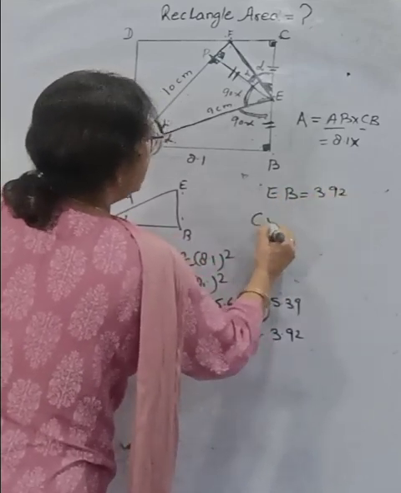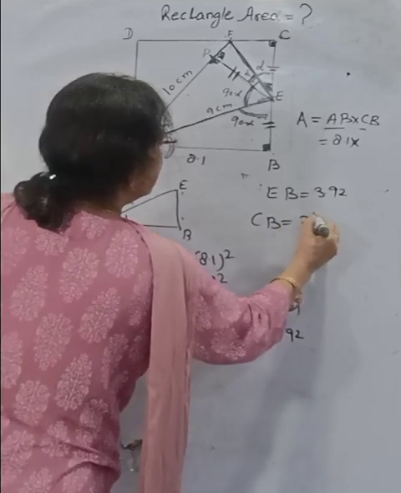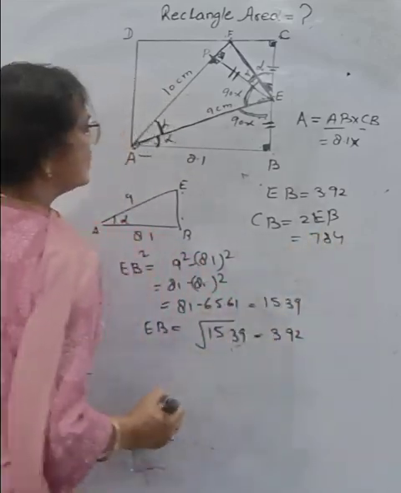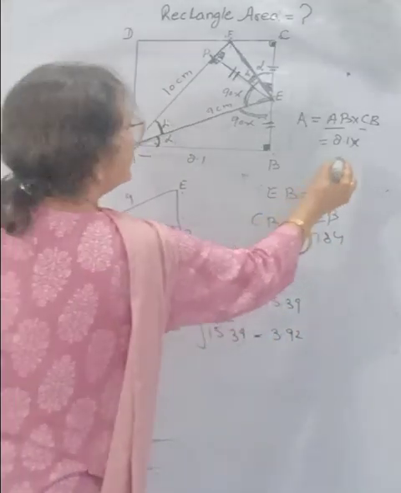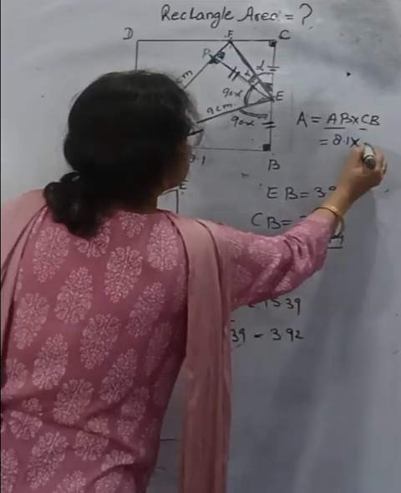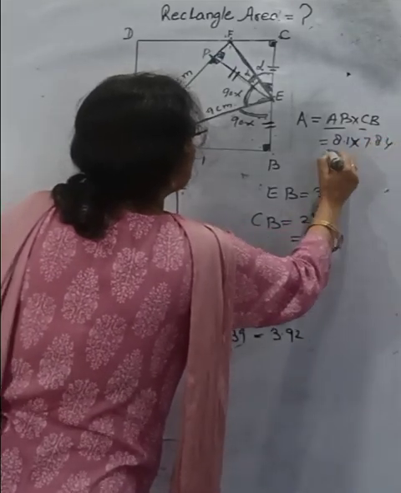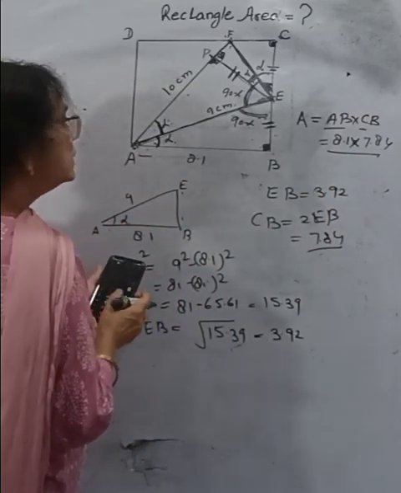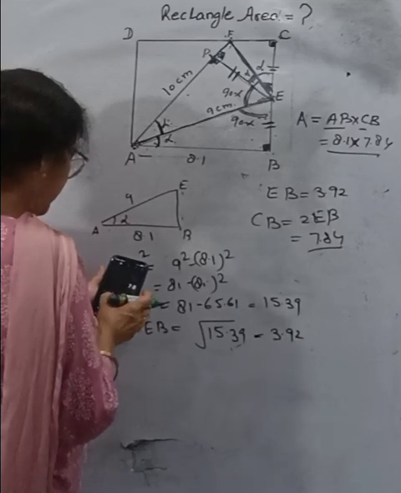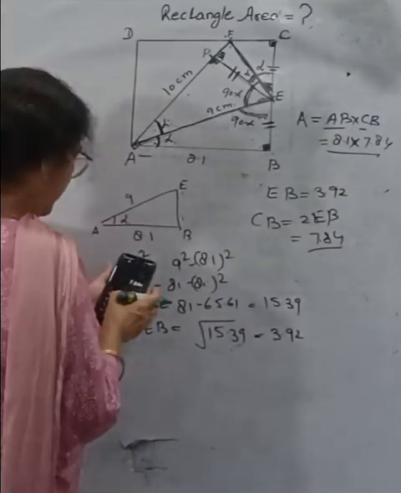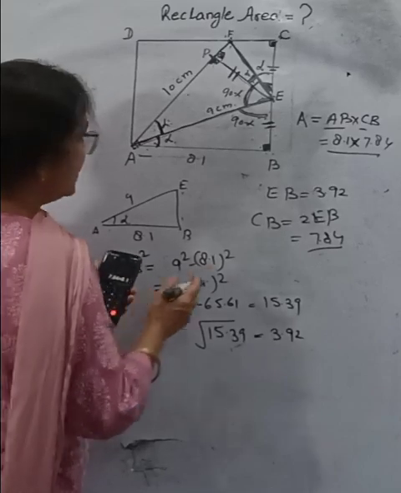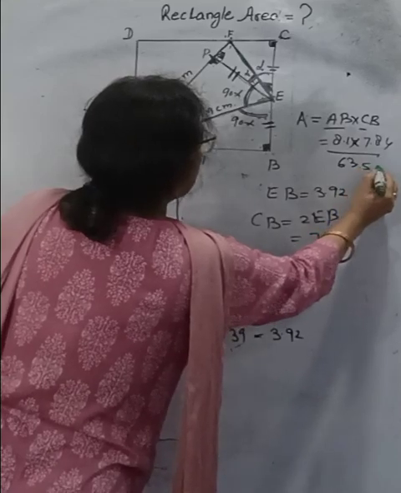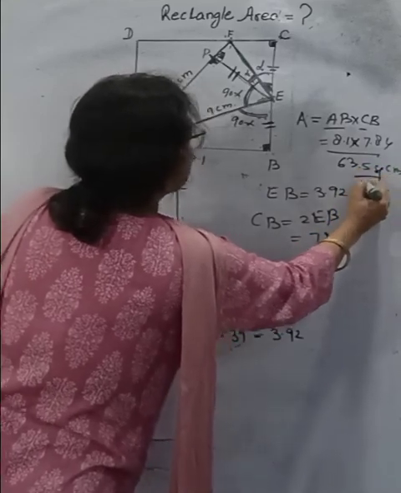Hence CB will be equal to double of EB, that is 7.84. Hence the area will be equal to CB into 8.1, that is 7.84 into 8.1, which is 63.5 square centimeters. This is the answer.